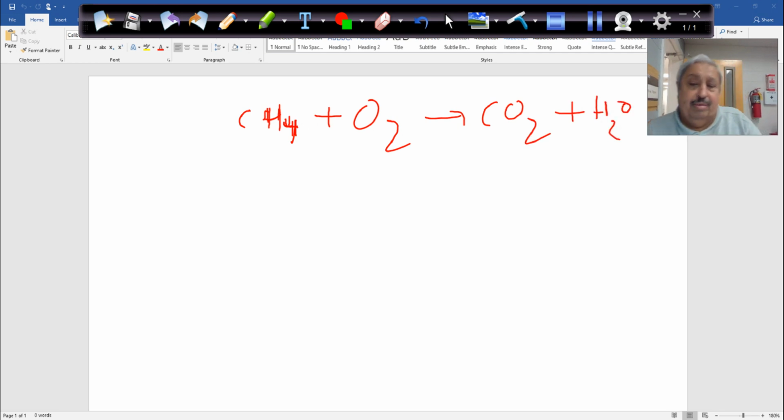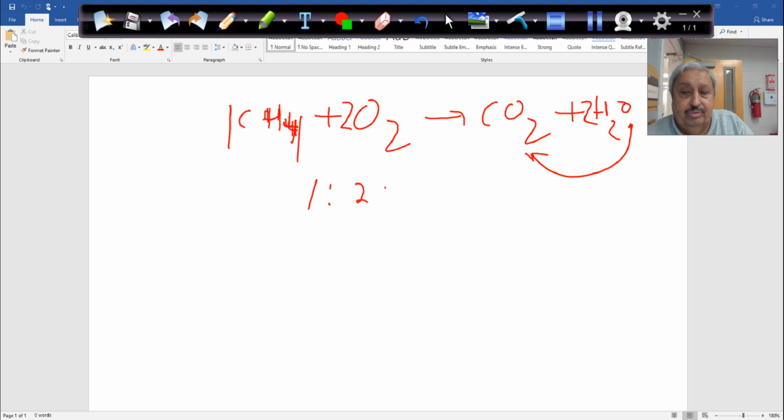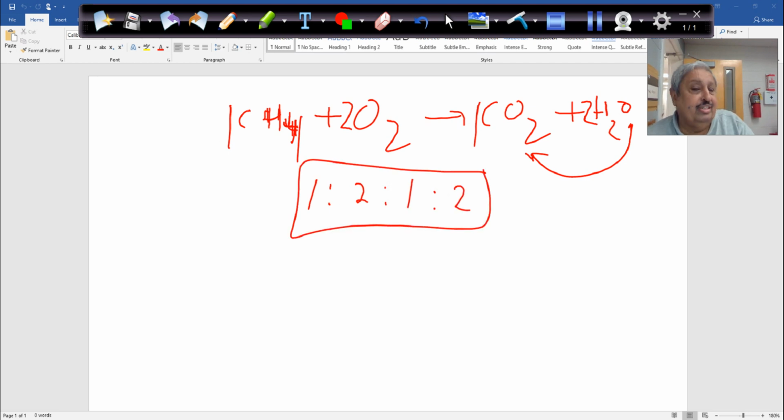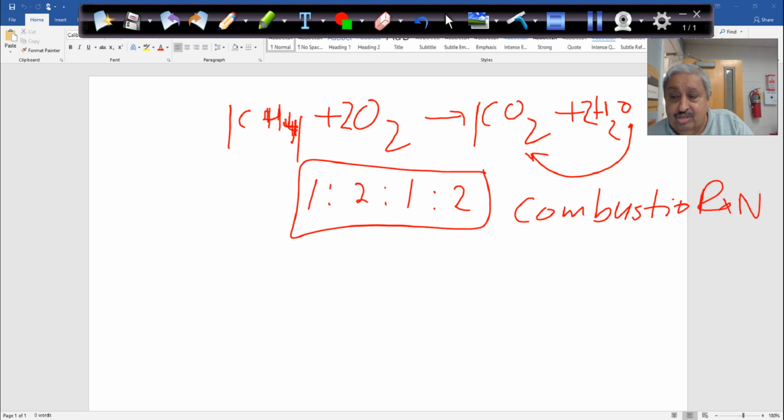I mean, we can balance it. Oxygen is 3 here, correct? And you have carbon, you have 2 here, correct? 4. So 2 and 2, 4. So it's now 1, 2, 1, 2. But what type of reaction is this? Combustion, correct? Combustion reaction. So again, we have combustion, that's 1.